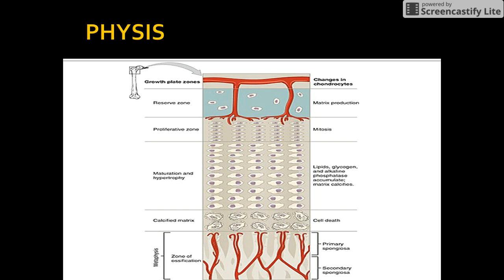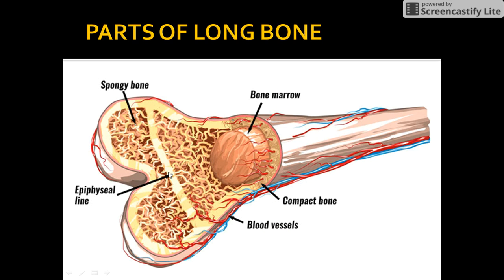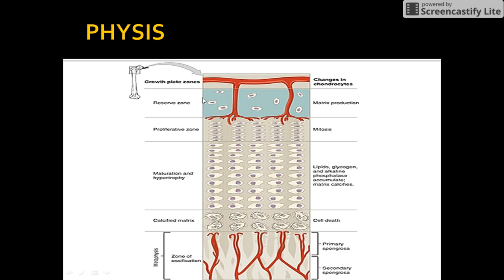And the physis, when we see it from epiphysis to metaphysis, there are four layers. First there is a reserve zone, where the cells are scattered. Then these cells proliferate and form the proliferative zone. The cells are arranged in longitudinal layers, and then they mature and go to the maturation and hypertrophy zone, where the cells are large in size.